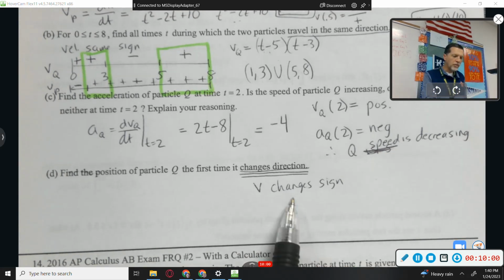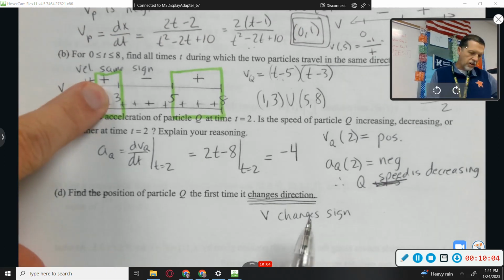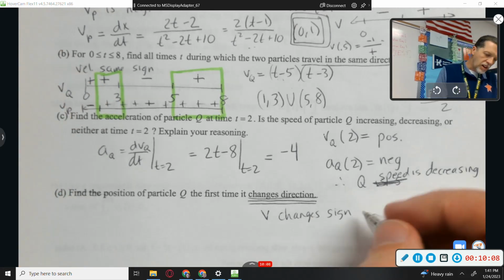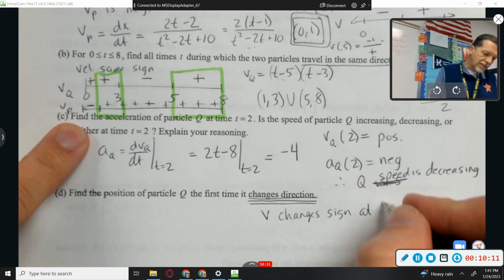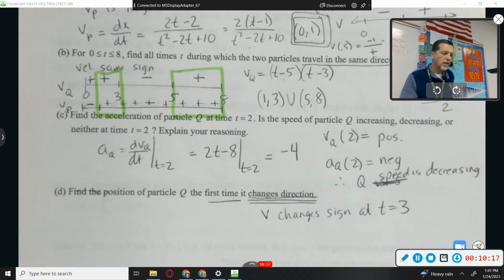Wait, we've sort of already answered that question. Velocity of Q is up here. We made a picture for this. Velocity changes sign at t equals 3 and t equals 5, but it said the first time.